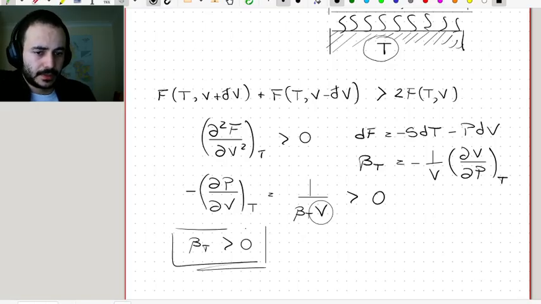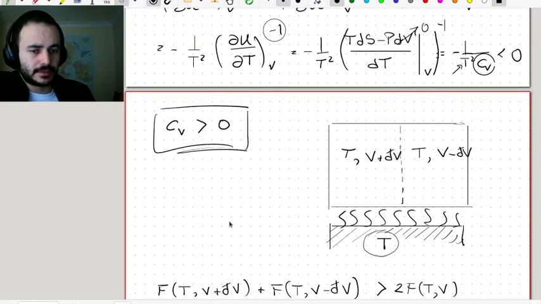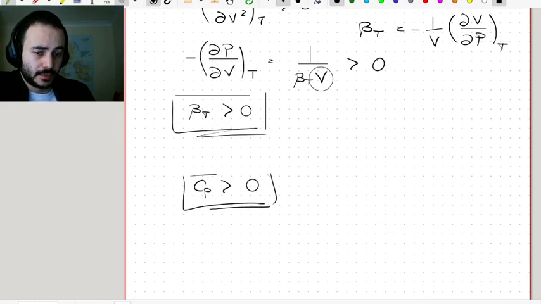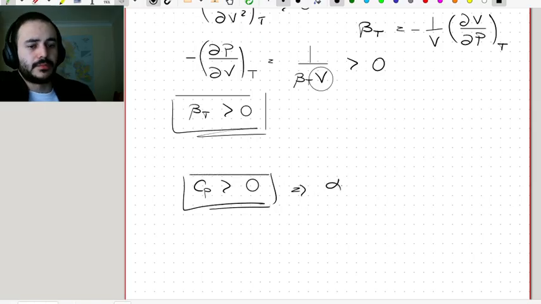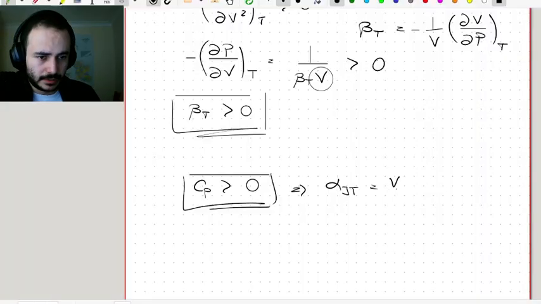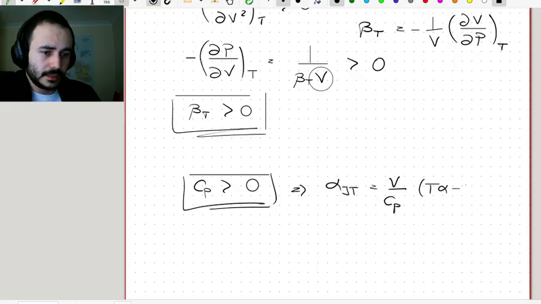The volume is already larger than 0, which simply means that beta T is larger than 0. So we have proven that beta T is larger than 0, that Cv is larger than 0, and therefore this implies that Cp is larger than 0, which is what we want. Because this implies that the Joule-Thomson coefficient that we had defined before, let me just copy it from somewhere here, is the volume divided by the heat capacity at constant pressure, times T alpha minus 1.